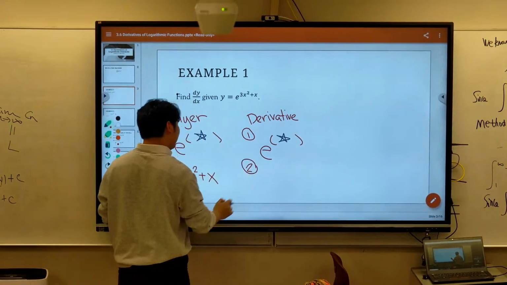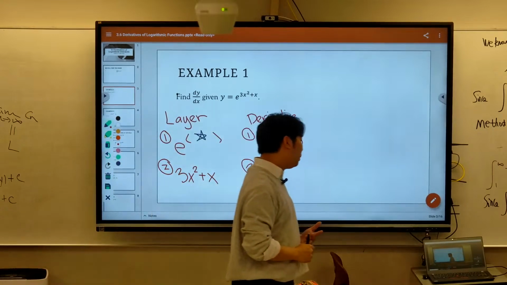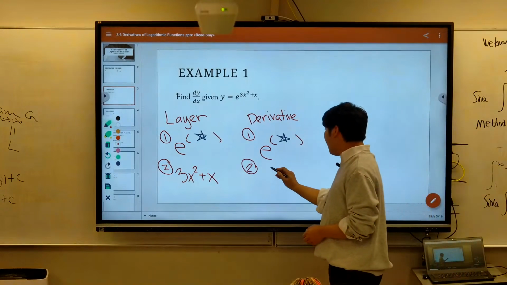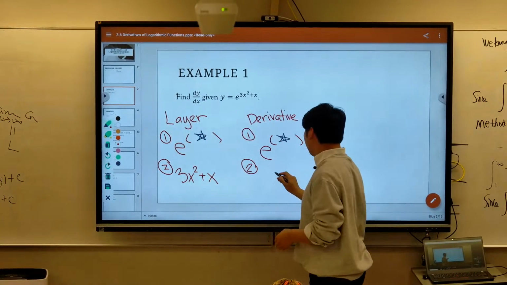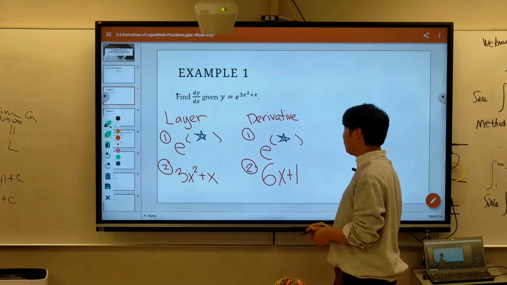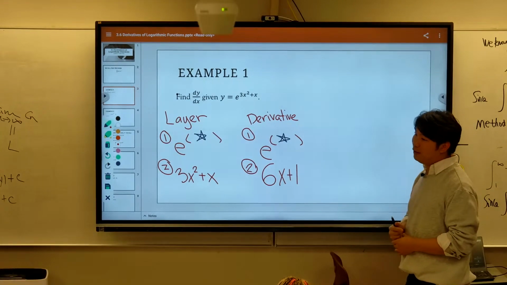All right, and then we need the derivative of the inner layer. What's the derivative of 3x squared plus x? Yeah, we got 6x plus 1.